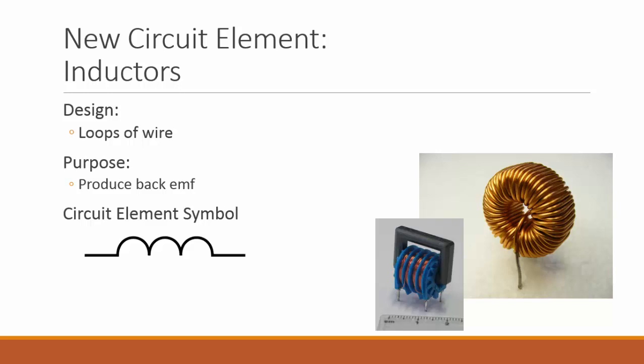And the idea is that you want to produce a lot of back EMF. And the circuit element is going to try to mimic the fact that these are loops and try to draw those loops symbolically as these kind of hills, almost looking rounded hills, along the direction along the wire.